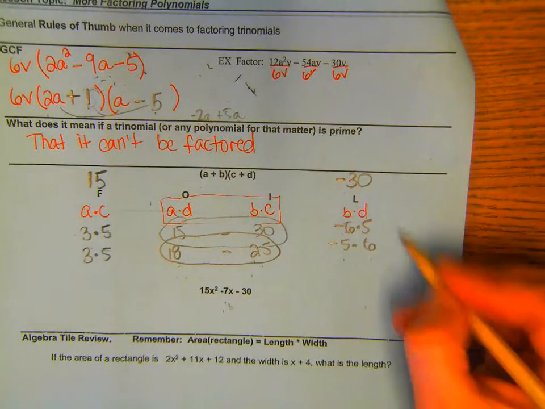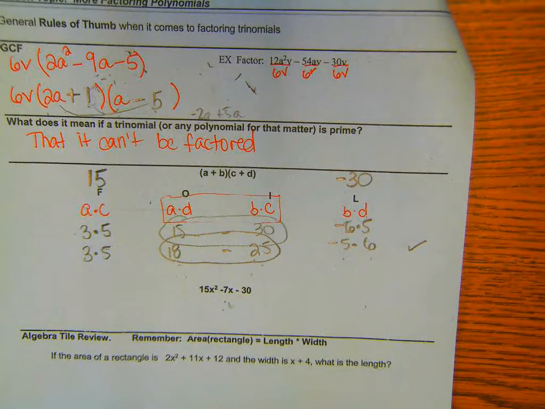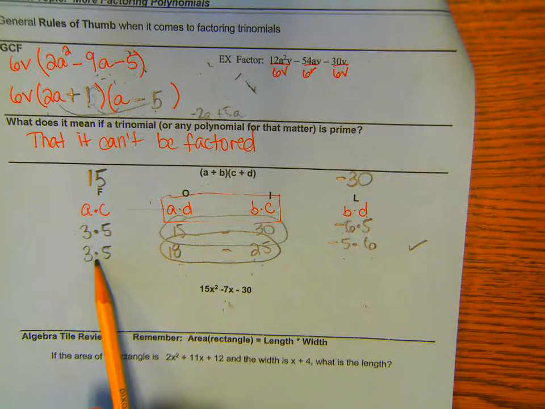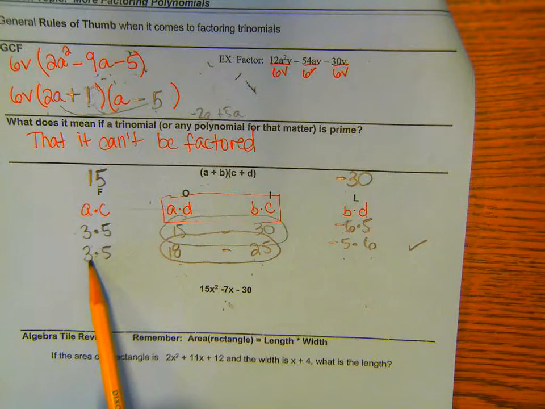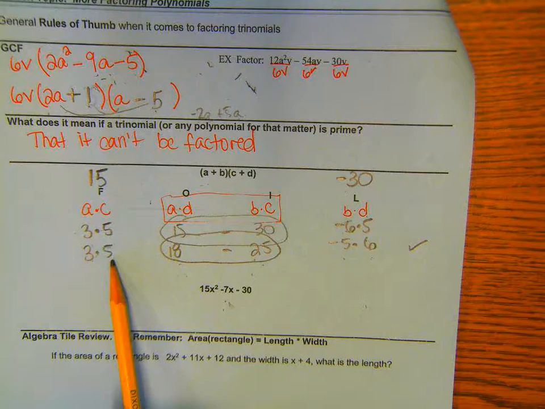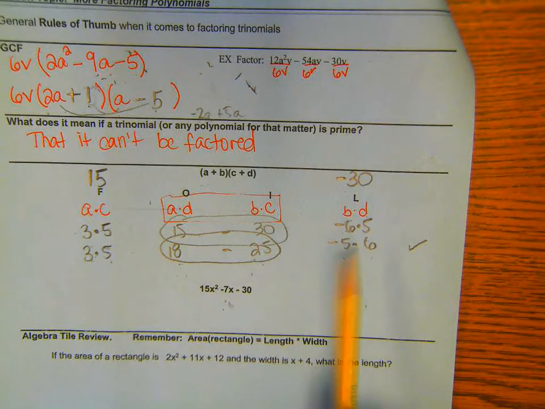So now, sometimes it's going to take more than two steps to do that, because we already talked about we could have checked like 1 and 30, 10 and 3, and so on. But I have these in the right order, so this is my A, this is my C, this is my B, this is my D. Remember that?